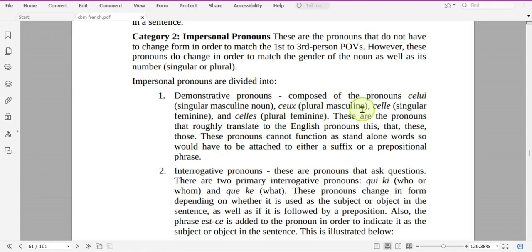Ceux, plural masculine. Celle, singular feminine. Celles, plural feminine. Okay? These pronouns cannot function as stand-alone words, so they have to be attached to either a suffix or a prepositional phrase.